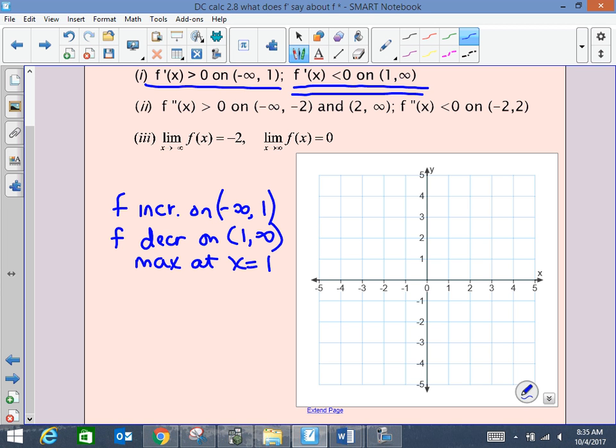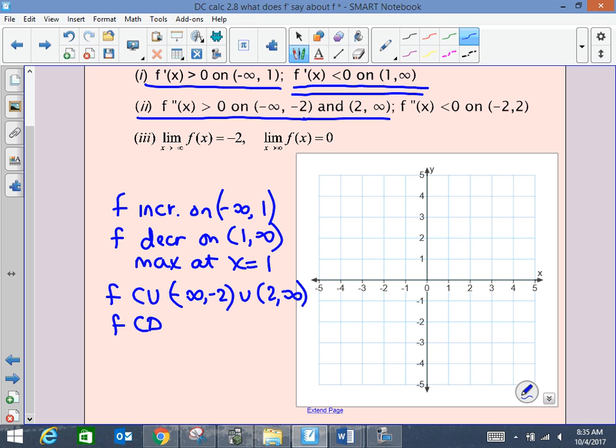Okay? All right. Then we go with f double prime. If f double prime is greater than 0, what do we know about f? Concave up. Okay, concave up on that left end, and then at the right end. In between, I assume it's going to be concave down, on -2, 2. Okay, and what does that give us?